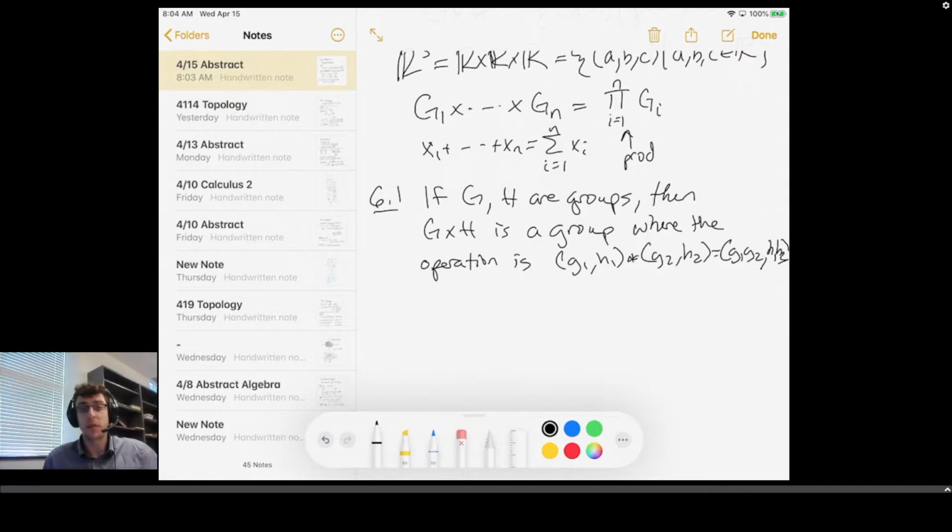I'm leaving off some of the notation that you see in the book, because you'll basically never see it. People aren't going to use stars and circle dots. But the key thing to note is that these are with the respective operations from G and H.